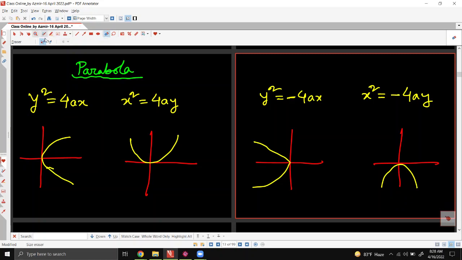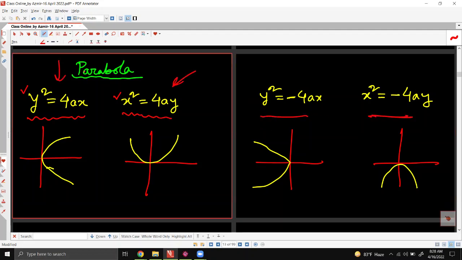We will discuss only the first two, y squared equals 4ax and x squared equals 4ay. If we can understand the formulas for these two, then we can easily analyze the other two. So these two are enough.